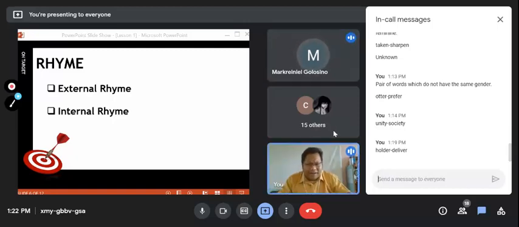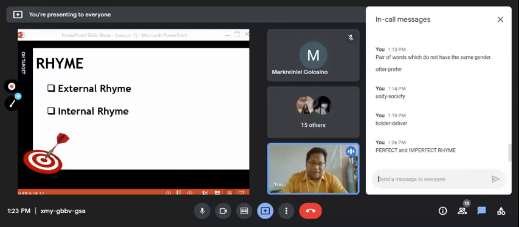Questions regarding the gender of rhyme. From this point onwards, do not just be limited to external and internal rhyme. We also have feminine and masculine rhyme. In fact, we even have perfect and imperfect rhyme.